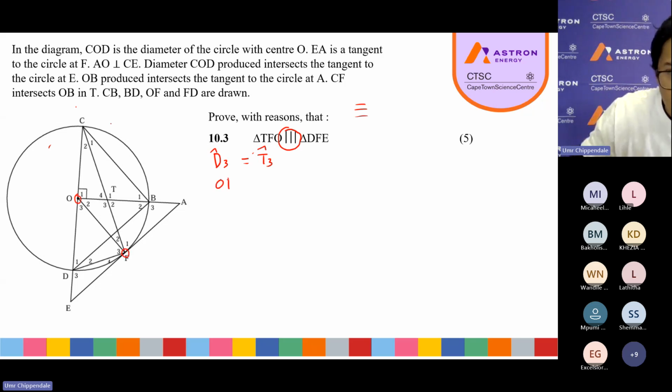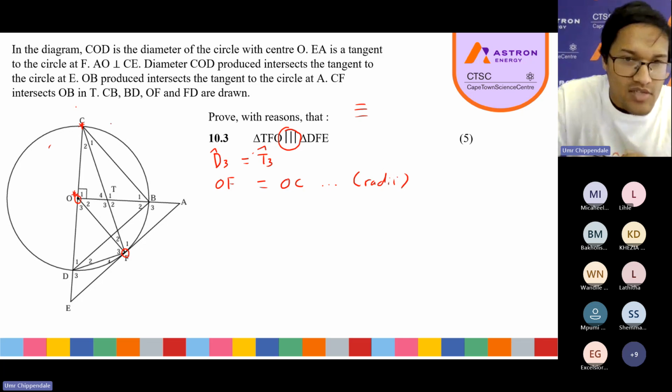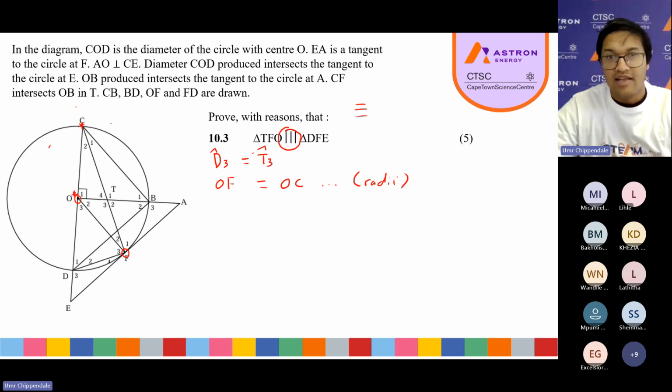So you can say the OF is equal to my OC, because it goes from here as well all the way to the edge of the circle. And why is that? These 2 are equal because of radii. Both are radius. That's why you don't say 2 radius, you say radii.